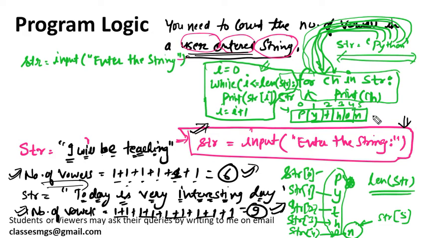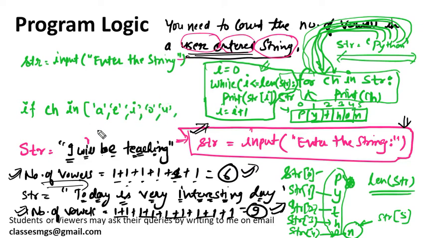Now what you need to do to check whether a character is a vowel or not, for that purpose you need to know this concept: the if condition. If ch is in this list: a, e, i, o, u.